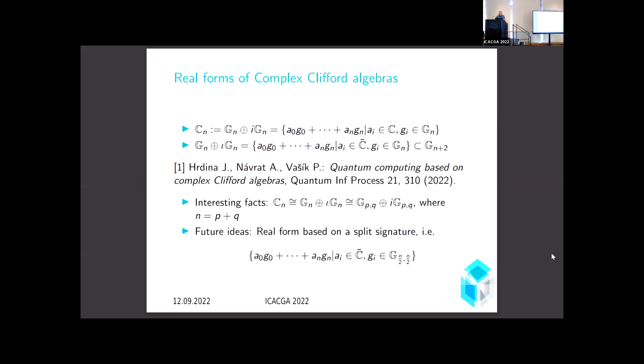So the same thinking can be done over different real Clifford algebras. It's called a real form of the complex algebra, and maybe it would be interesting to do the same over the so-called split real form. So instead of the real geometric algebra Gn, use the real geometric algebra G(n/2,n/2). And maybe the computation will be easier.